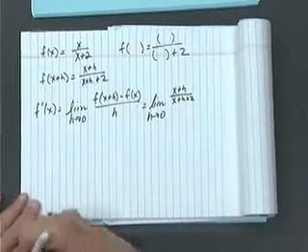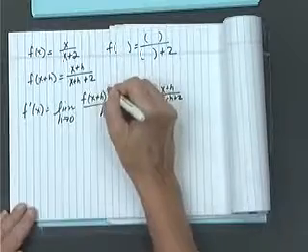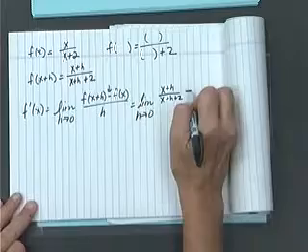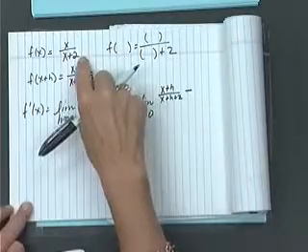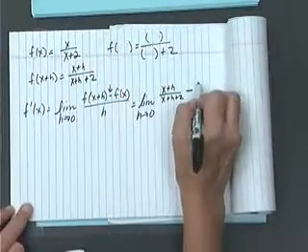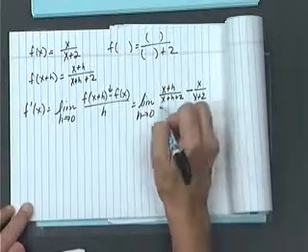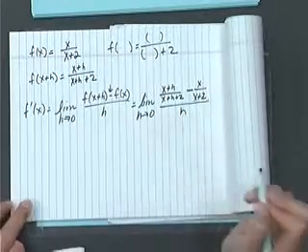Be very careful with that minus sign. Minus. And now we just go back up here and find out what f of x is, which is x over x plus 2, divided by h.